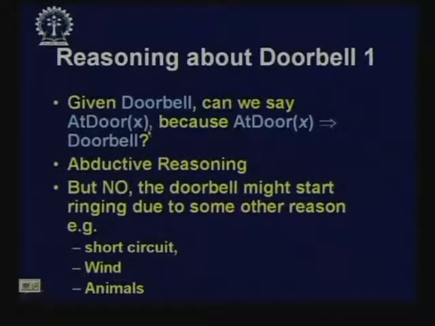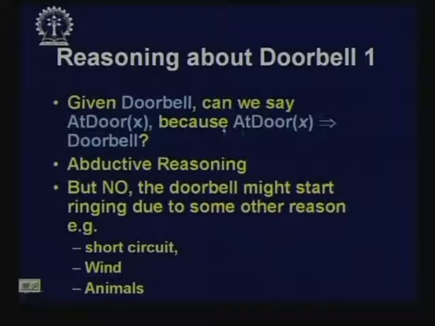Can we say that there is someone at the door? If you recall classical propositional logic, P implies Q means that if P is true, then Q is necessarily true. But if P is false, then Q may be true or Q may be false. That is the implication operator we are showing here.